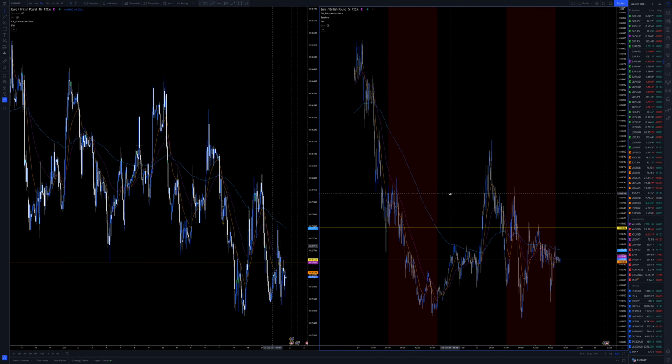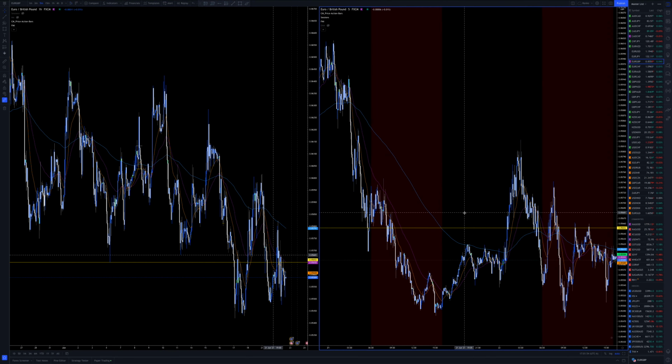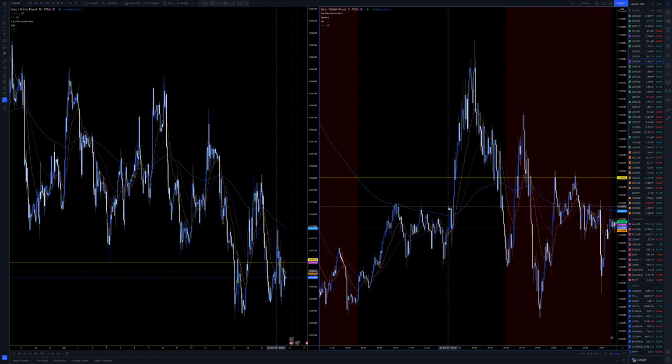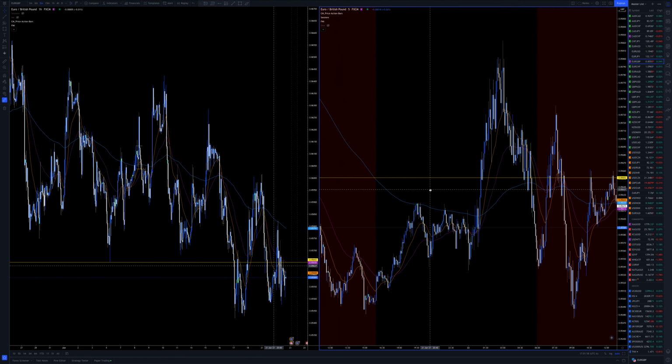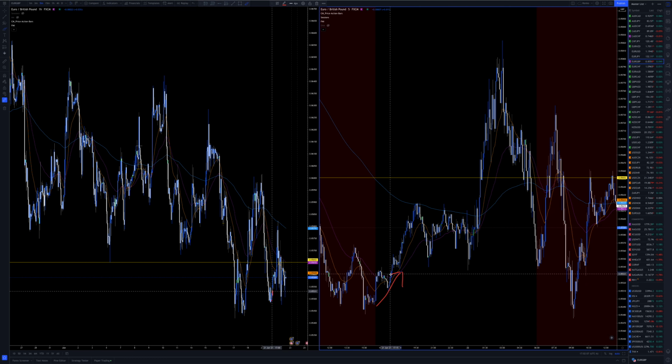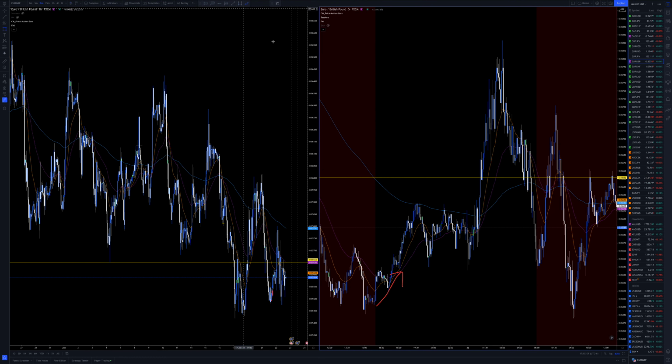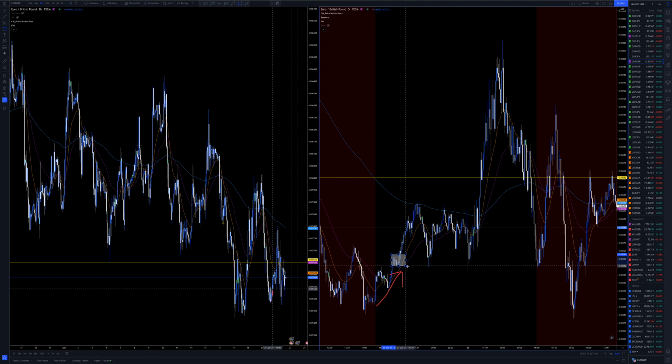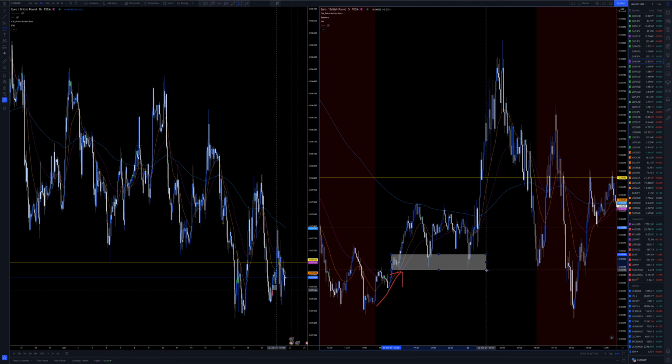And what I'm going to show you here now is just a super simple level. You'll see it. So this one is a rally. Let me just draw it. We're going to be on the 5 minute here on the right hand side of my screen. So we get a rally in price up, and what do you see? You see a nice tight base right here. So that becomes our level.